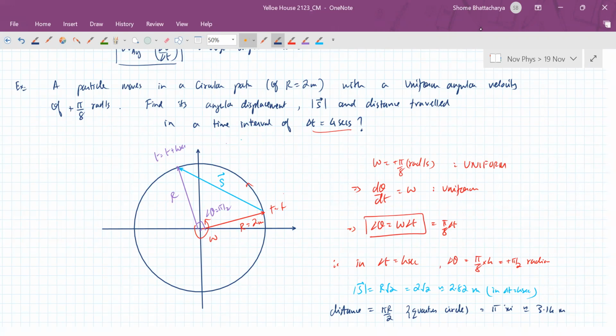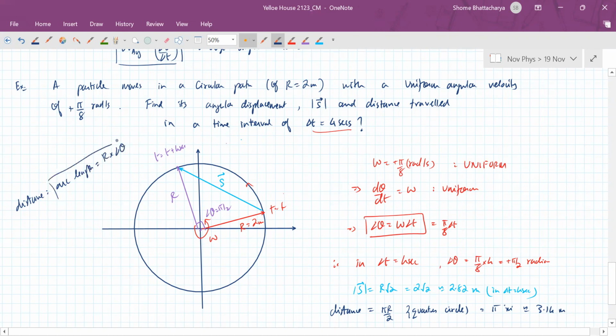So we can use r theta also, right? S is equal to r theta. Correct. You can use that also. Arc length. So distance is the arc length, which is nothing but radius multiplied by angular displacement. So in this case, it is radius multiplied by pi by 2.